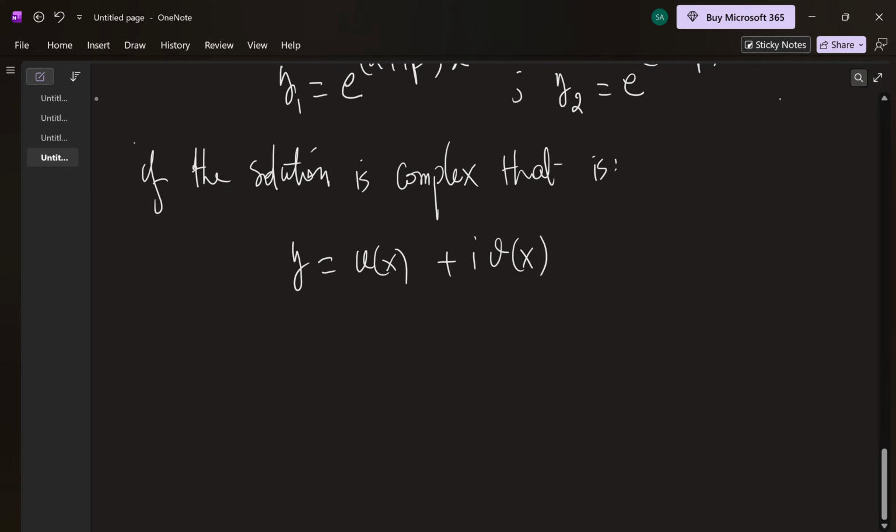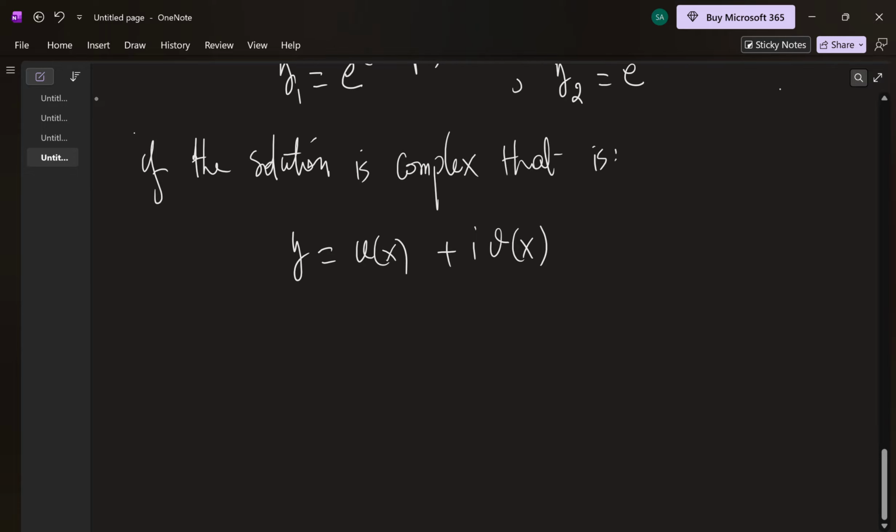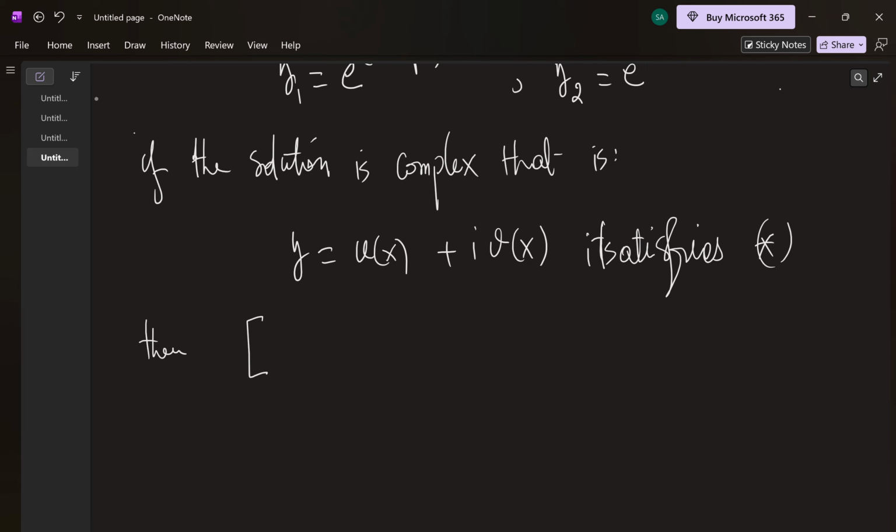If this solution is complex and it satisfies equation star, then you will get something like this.